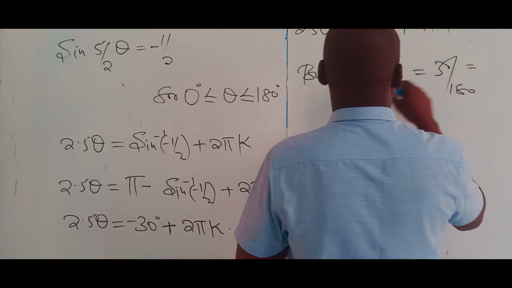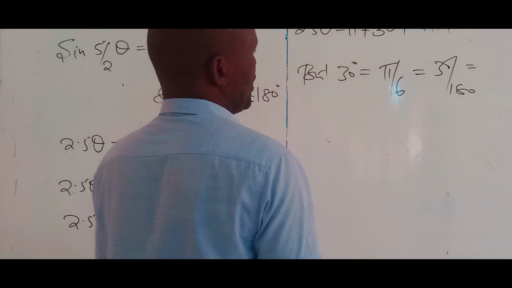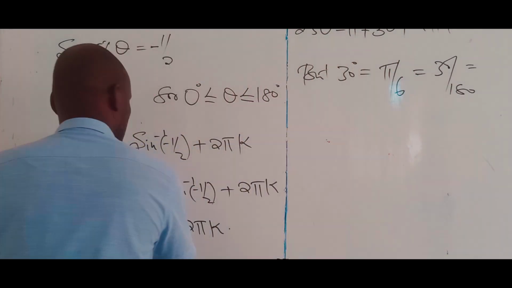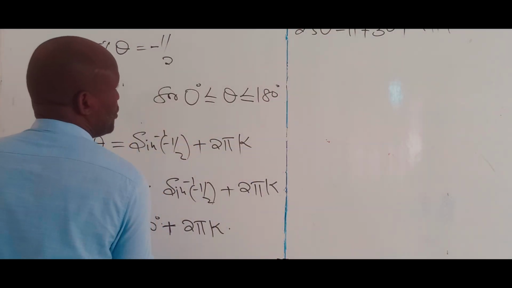So where there is 30 degrees, I put pi over 6.